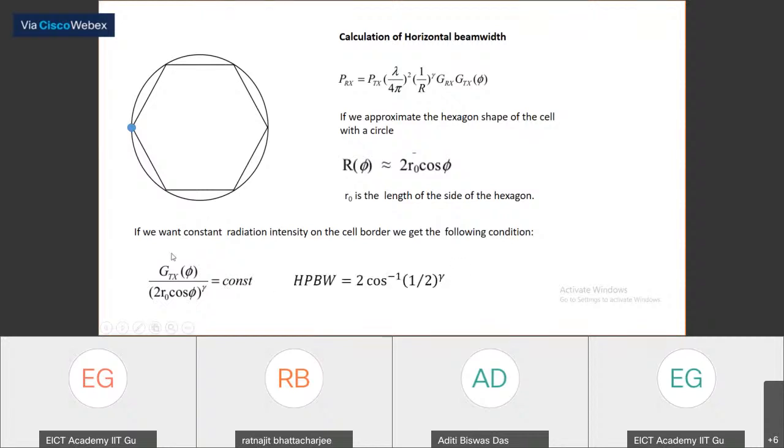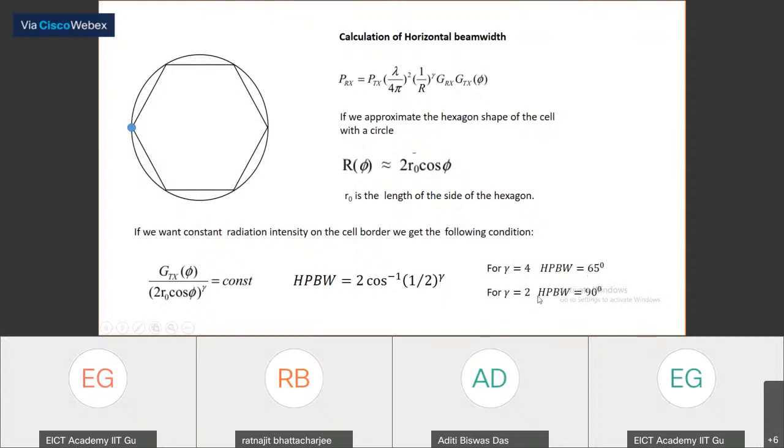And with this, you will get the half power beamwidth. If you solve it, it is 2 times cos inverse of half raised to the power 1 by gamma, and depending upon the value of gamma, for example, with gamma equal to 4, you will get half power beamwidth to be 65 degrees.